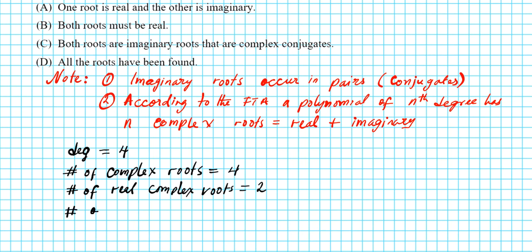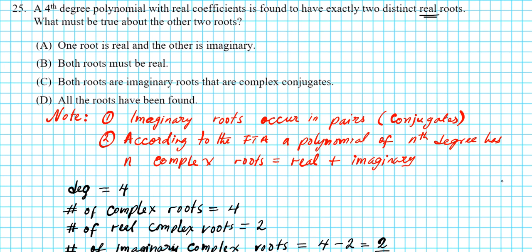It automatically follows that the number of imaginary complex roots is going to be the difference. The roots that are not real are the ones that are imaginary. So what do we do with 4 and 2? You simply take 4, the complex roots, which represent all the roots, and you subtract the ones that are real, and you're left with 2, the number of imaginary roots.